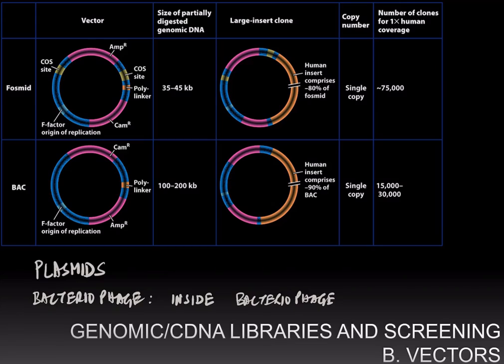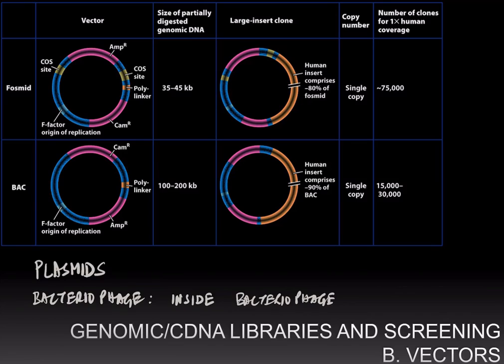So when you infect the bacteria, that process is called transduction. The virus, the bacteriophage, enters the bacterial cell, and since its genome contains the DNA that you want to introduce into the bacterium, you end up introducing your DNA of interest into the bacterium.